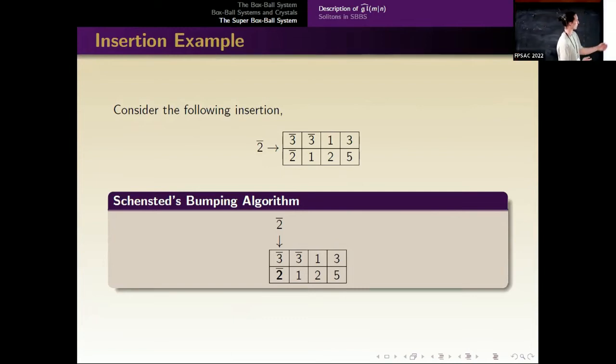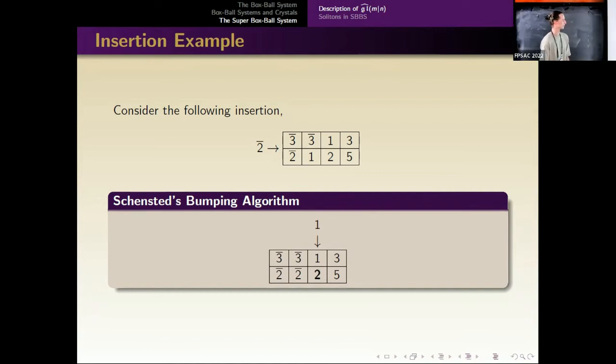Since we have a bosonic element, we're looking for elements that are greater than or equal to 2 bar in this column. The first element this occurs for is 2 bar. So we swap the elements and then we begin inserting 2 bar into the next column. Again, this is bosonic, so we look for a value that is greater than or equal to 2 bar. This is 1. So we swap them and we begin inserting 1 into the third column.